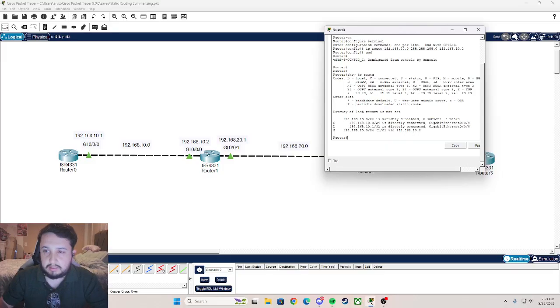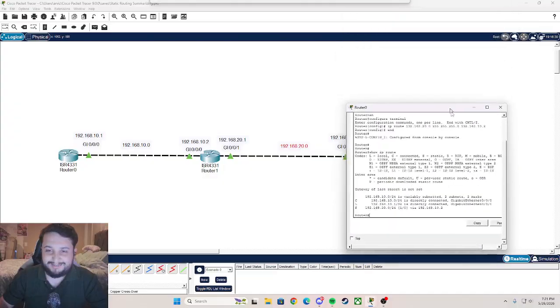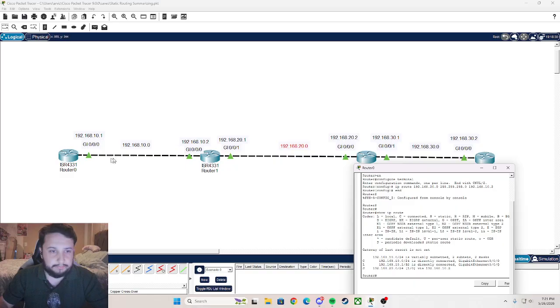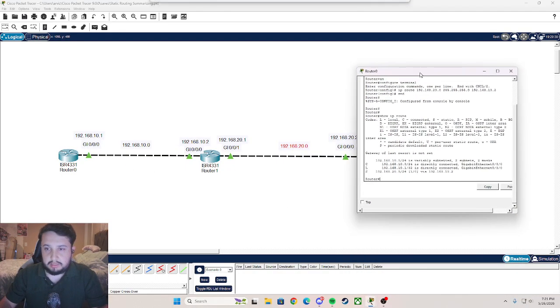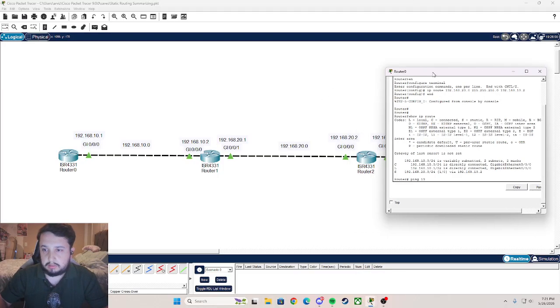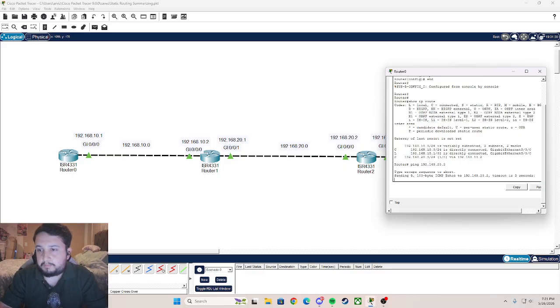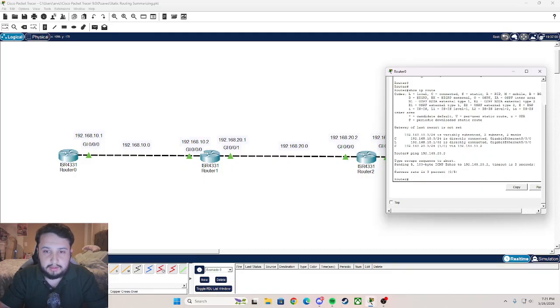Another way we can check that it worked is we ping it. And it came back. It didn't receive a ping.